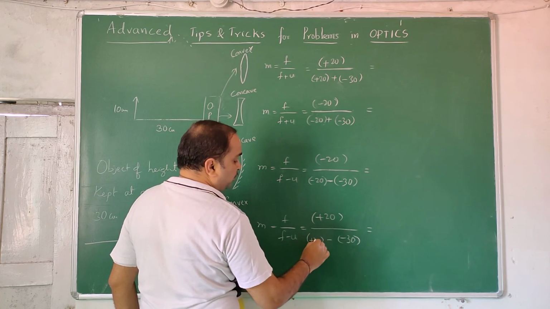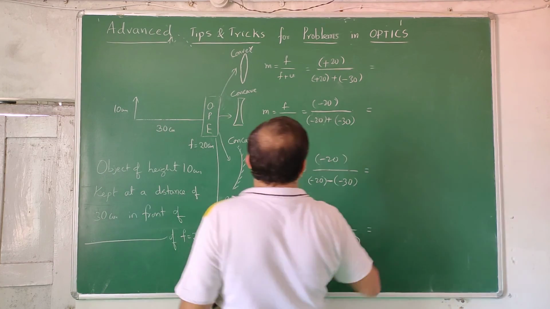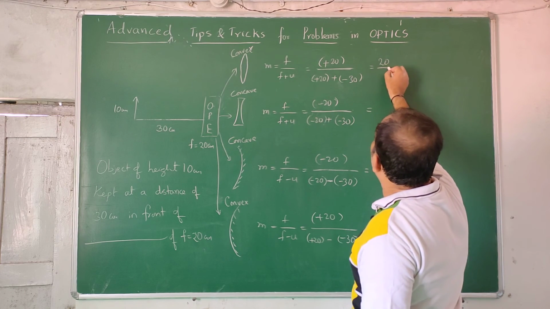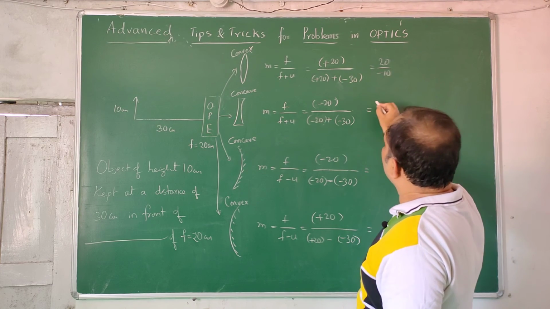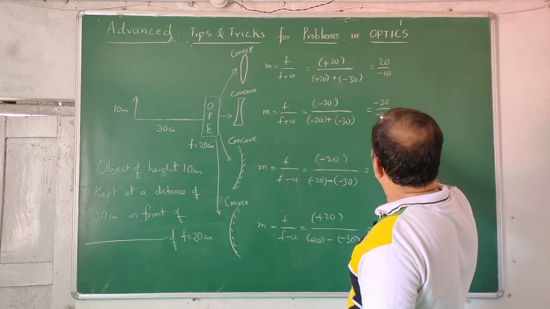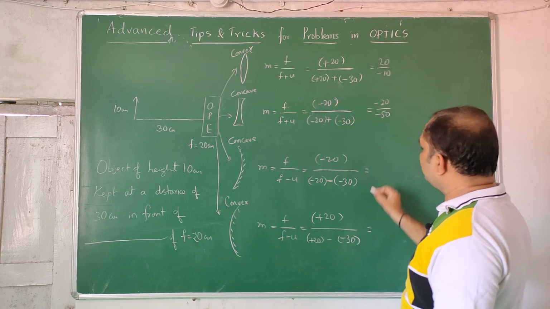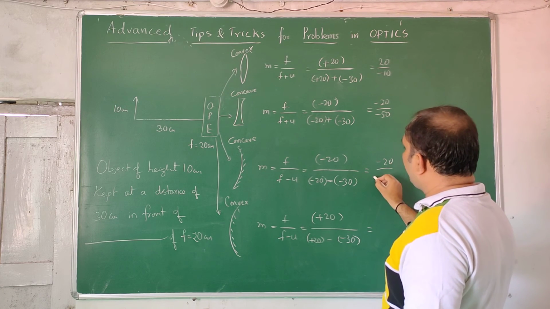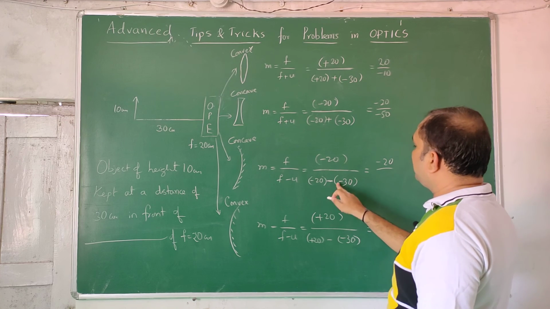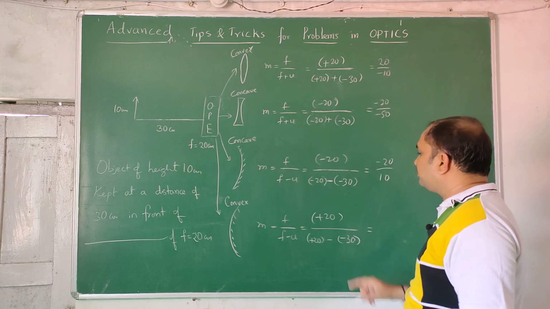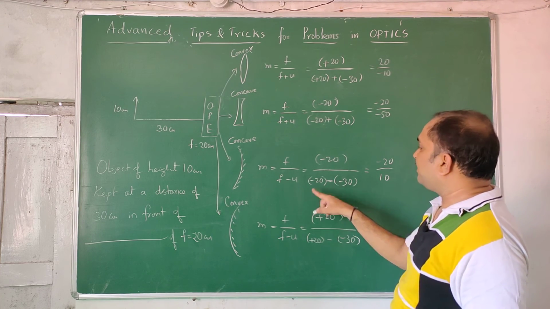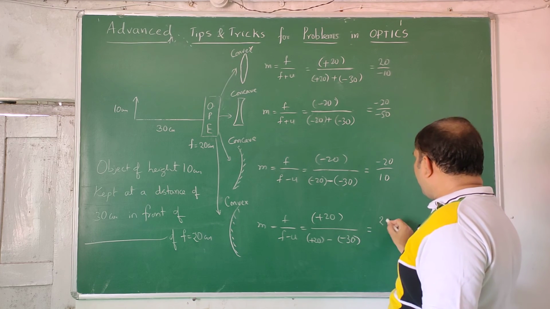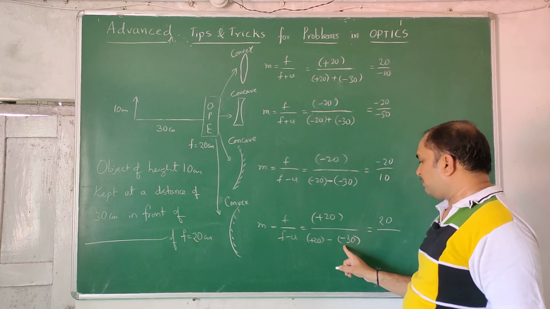Now quickly, 20 by minus 10, minus 20 by minus 50, minus 20 by 10, minus into minus plus 30, minus 20 by 10, and 20 by minus into minus plus 50.